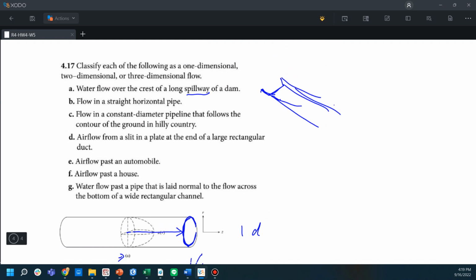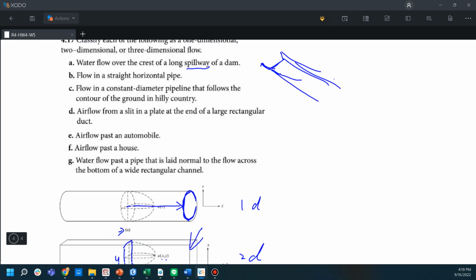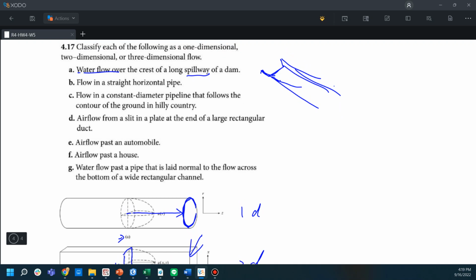It's not a tube, so it's not one-dimensional, and we assume that the flow is uniform in this channel, so the cross section of the channel doesn't change along the y-axis. So in this case, we will consider the water flow as 2D water flow. Okay, 2D, two-dimensional.